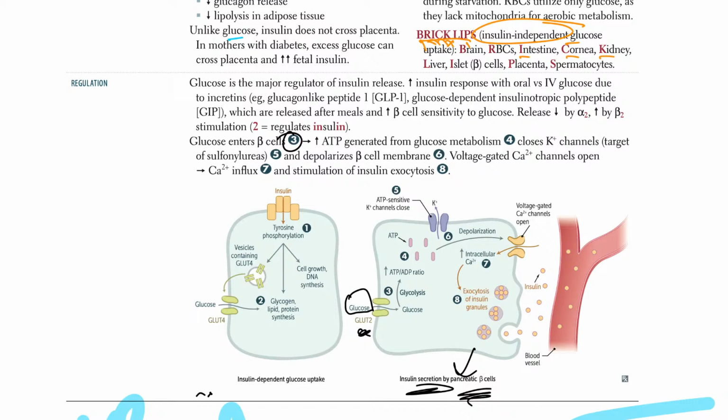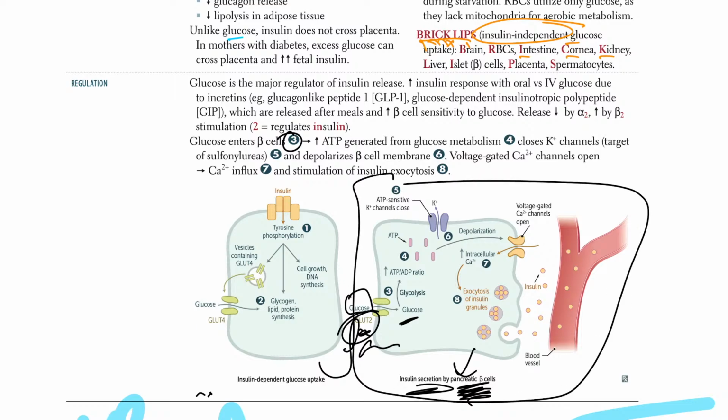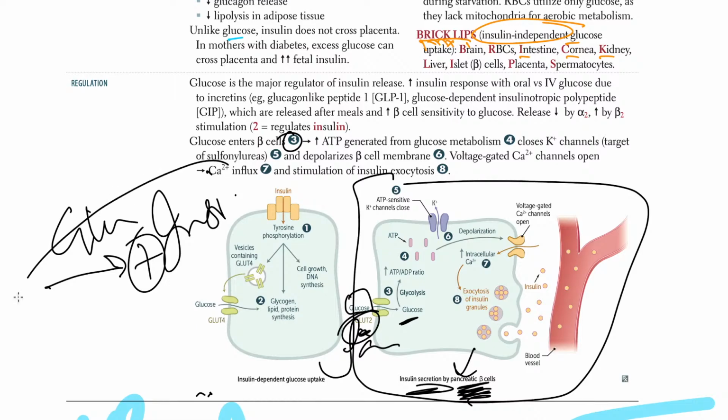So that glucose goes in, and this is facilitated diffusion by GLUT2. Once it is inside the pancreatic beta cell, the whole thing we're trying to talk about here is how glucose is going to cause stimulation of insulin release.